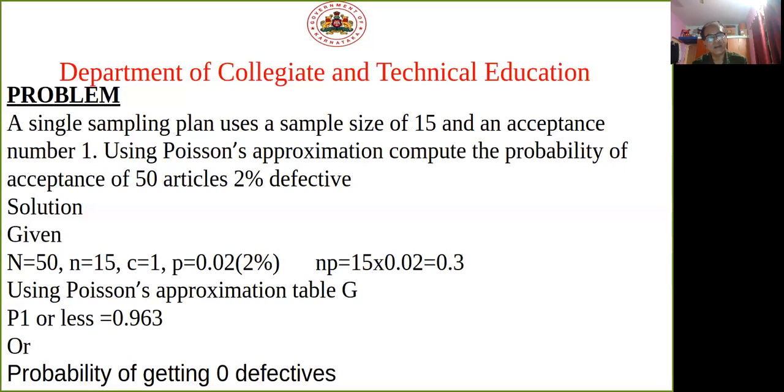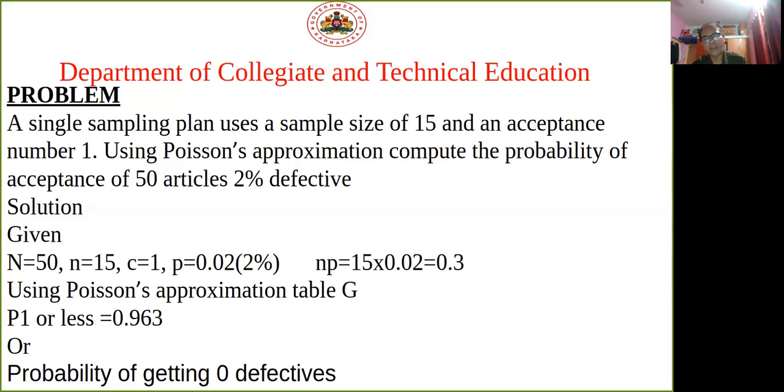Now how do we get this from the table? At the top of the table, the numbers are given 1, 2, 3, 4, 5, 6, 7, 8, 9. The top of the table is the value of C, and vertically downwards you will get the values of NP.